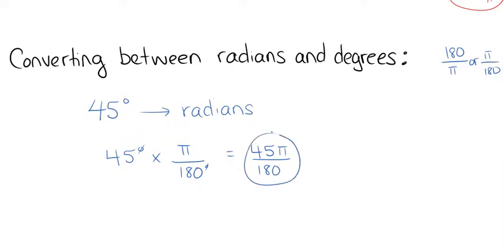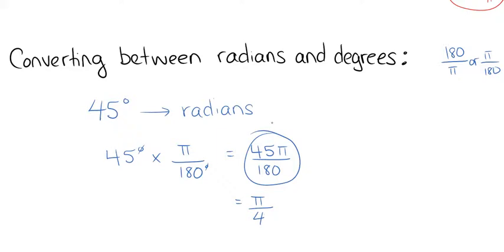And instead of leaving it like that, we would always reduce our fraction to lowest terms. So we just look at the 45 and the 180 and see if it's divisible by anything. And in this case, you can divide the top and bottom by 45. So the top will just become pi, and the bottom will become 4, because we know 4 times 45 would be 180.